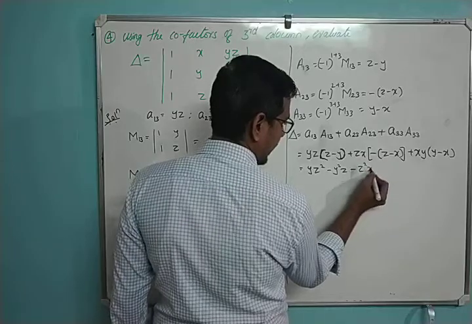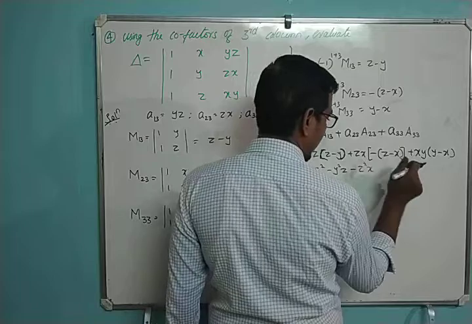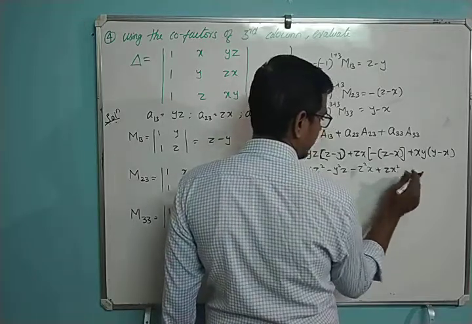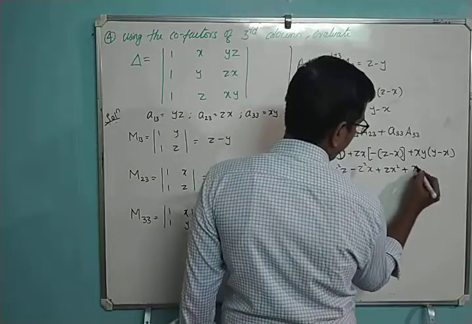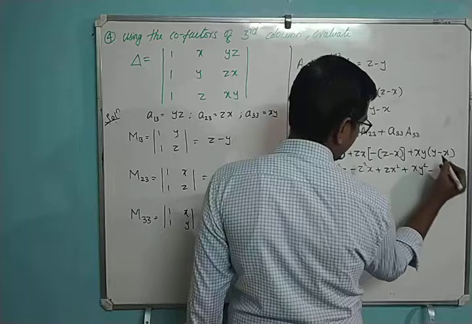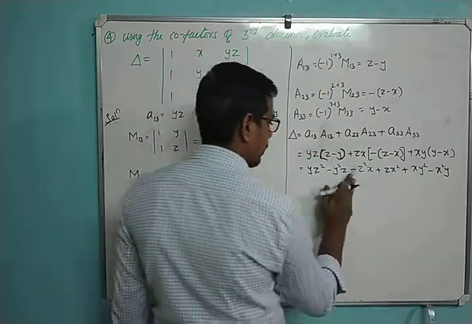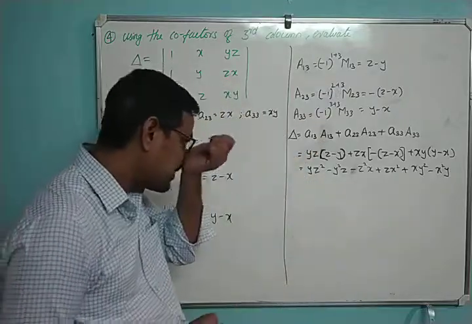Z square X, right? So it will be Z square X. Then minus into minus plus, right? ZX square. Okay. So here plus XY square minus X square Y. This will be the step. Okay. This which we have done already.